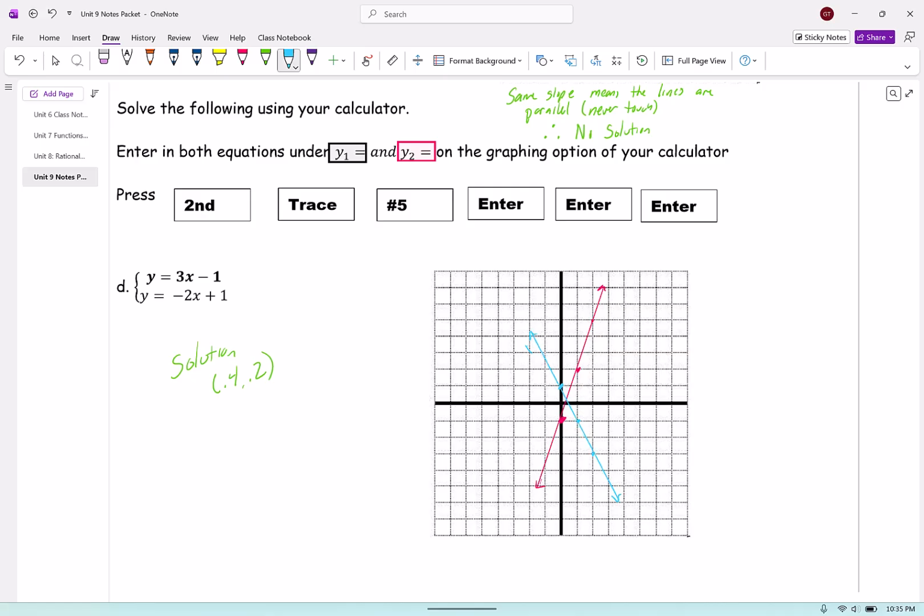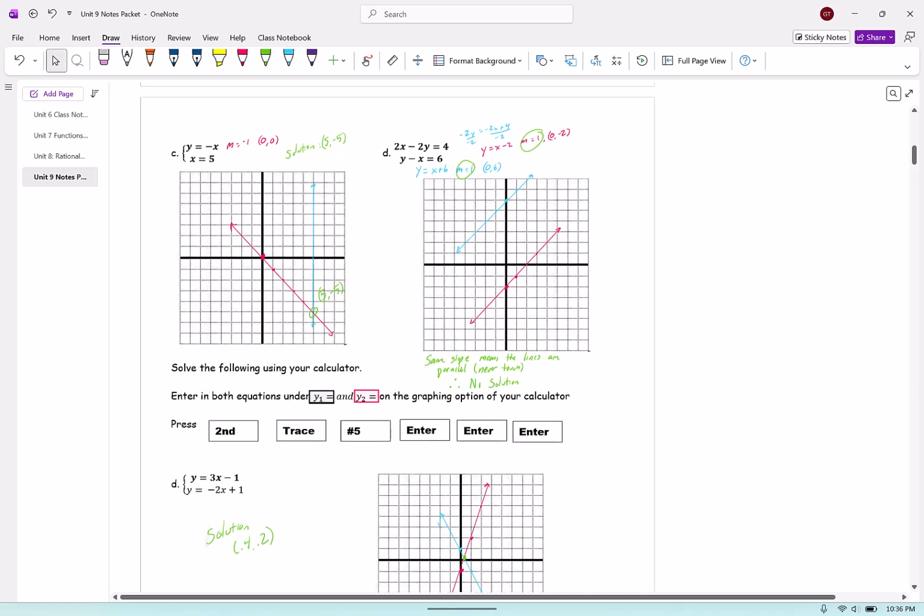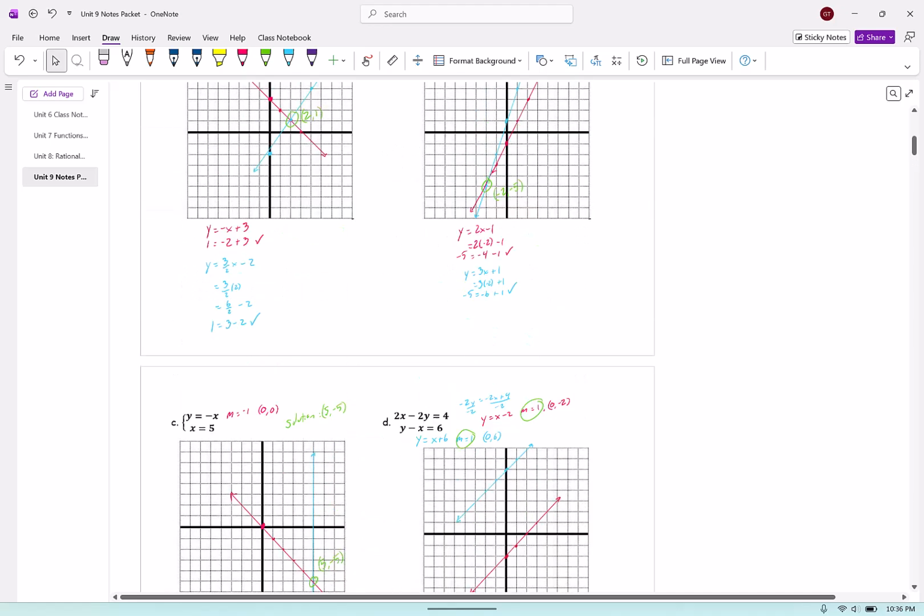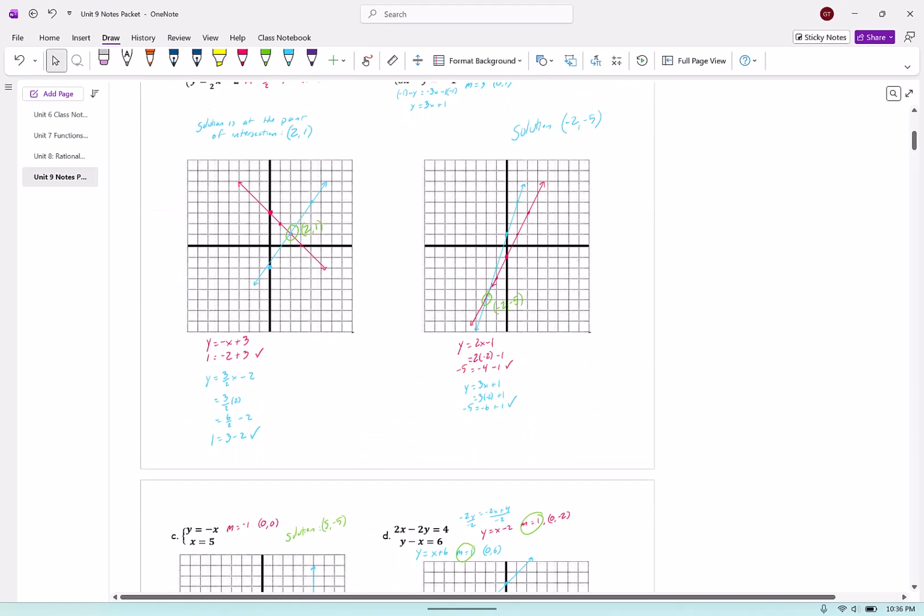All right, so we can see on the graph as well that that point is not nicely through a whole number point, which is why using the second trace intersect will allow you to get that exact answer of where they intersect and have your solution set. All right, so we just did some graphing of stuff we've done before. Where they intersect is the solution.